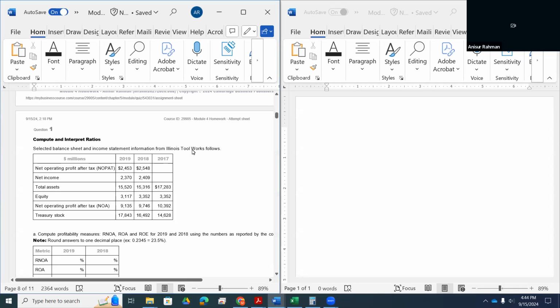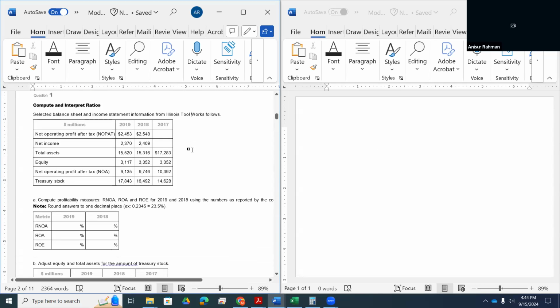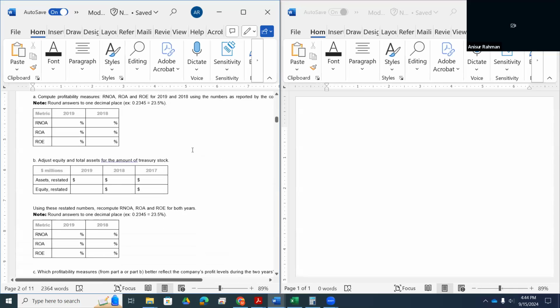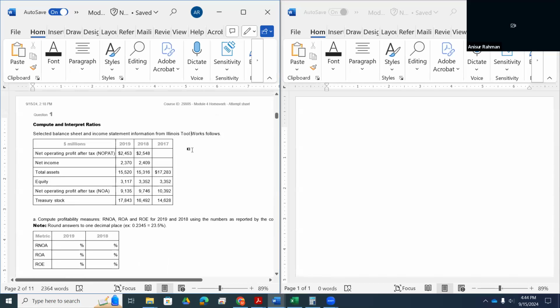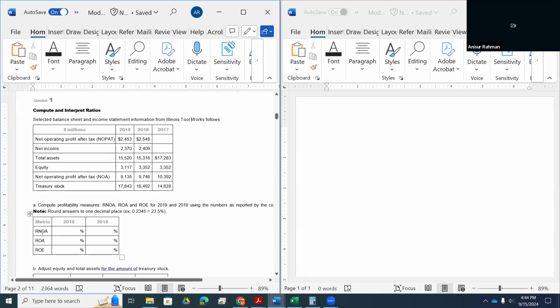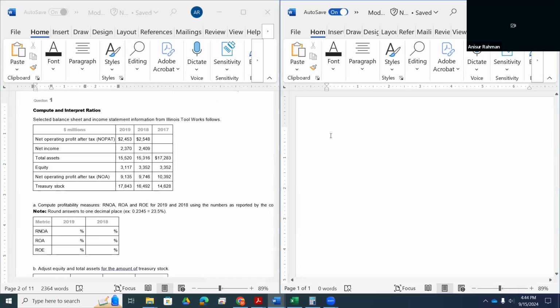This is the first problem I would like to solve. So we have some income statement and balance sheet information here. We have to calculate RNOA.